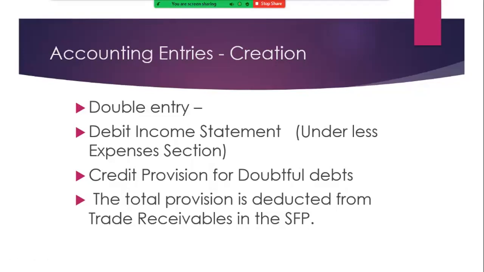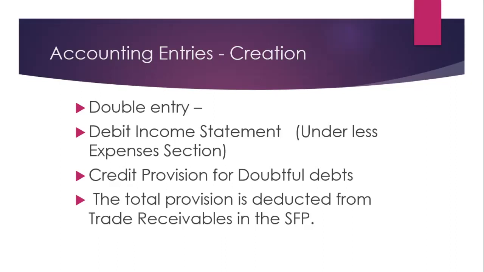Now, the total provision that we have credited also goes in the statement of financial position, commonly known as the balance sheet. The total provision is deducted from trade receivables in the statement of financial position.